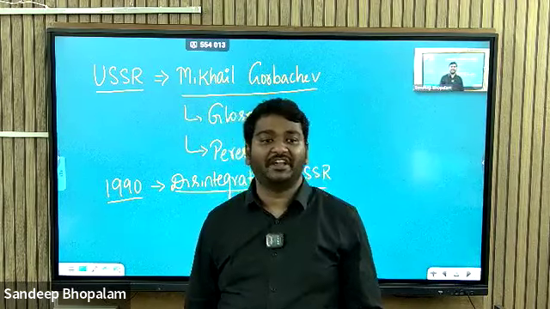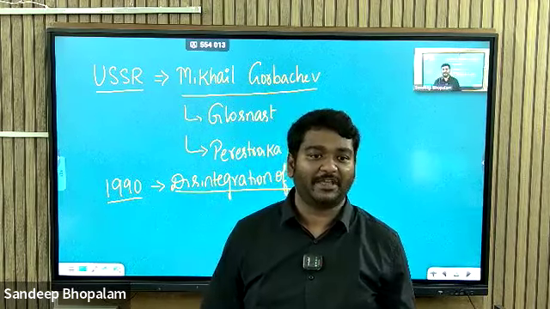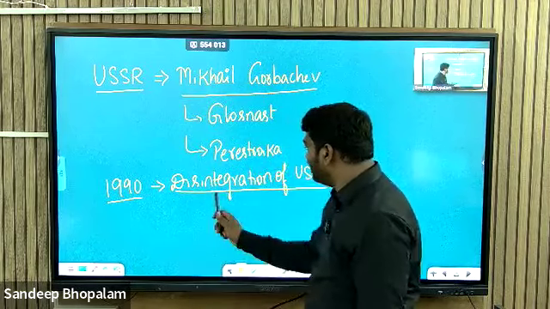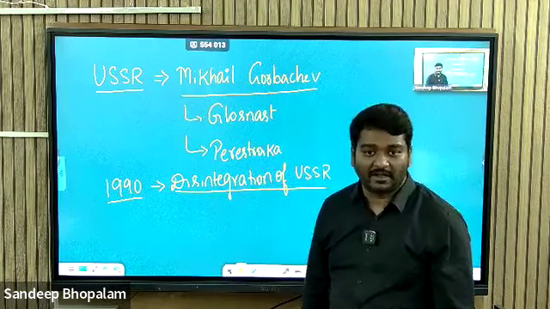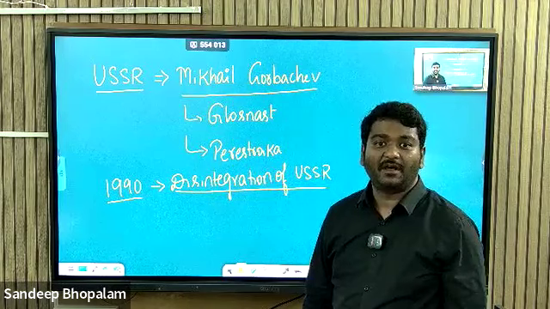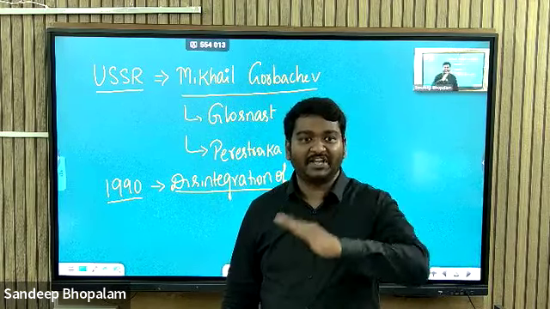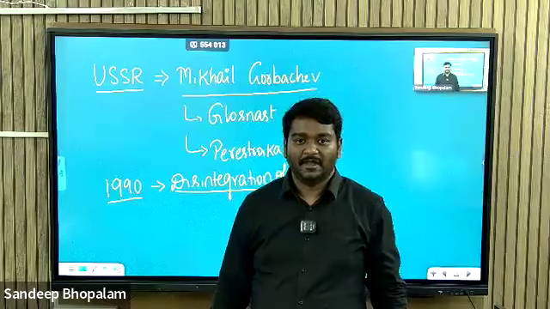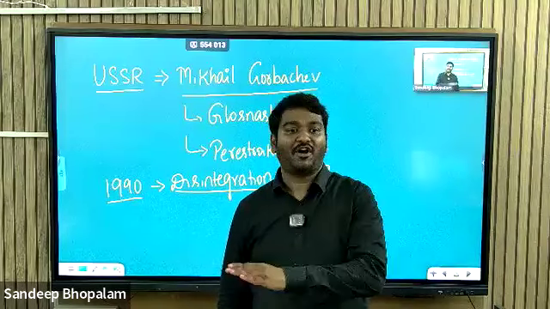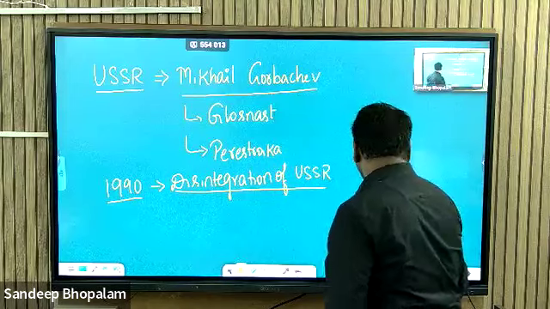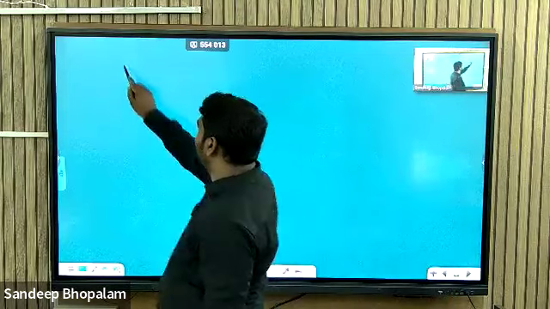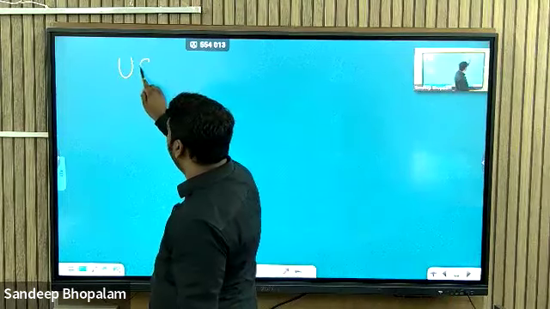It is as if India disintegrated into states, and UP, Bihar became separate countries. The disintegration occurred in which year? 1990. Jan 1st, 1991, disintegration completed. From 1991 onwards, the world did not have the USSR anymore.